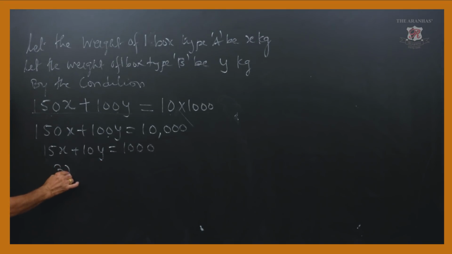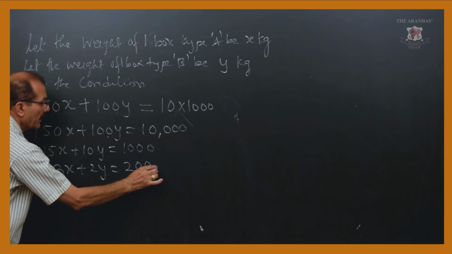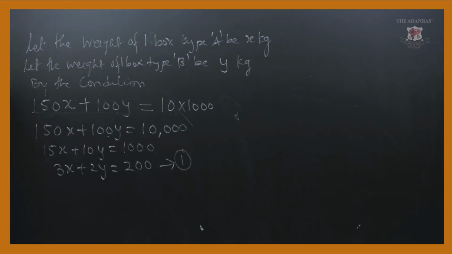So you get here 3x plus 2y is equals to 200, and this is my equation number 1. I hope you understood this simplification. So, I got the simpler form of the equation. So, this is from the first condition.